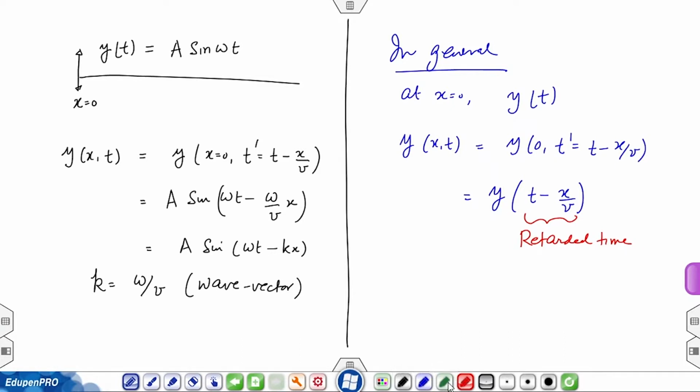Now, for ease of mathematics, we are going to use complex notation, so that the harmonic time dependence is given as e raised to minus i omega t.